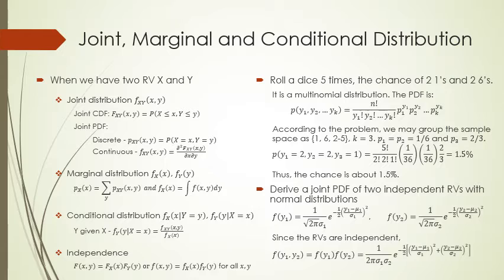Roll a dice 5 times, and what is the chance of 2 ones and 2 sixes? If we flip a coin 5 times, we have a binomial distribution of n equal to 5, because there are only 2 outcomes in each trial.